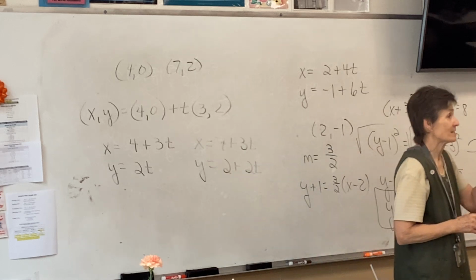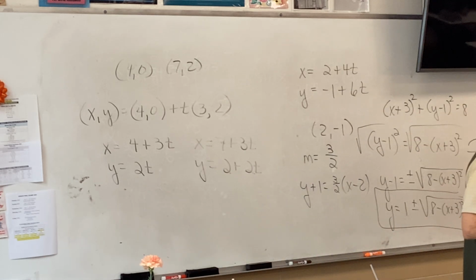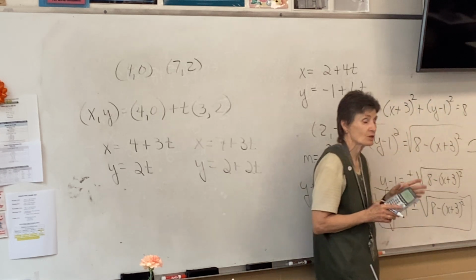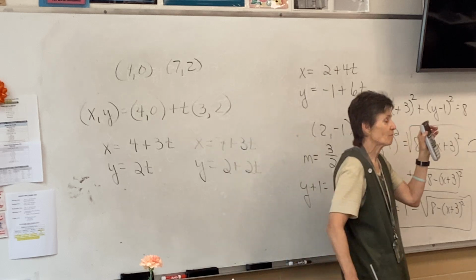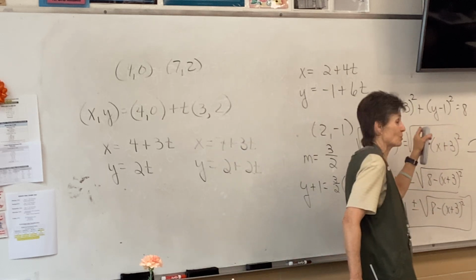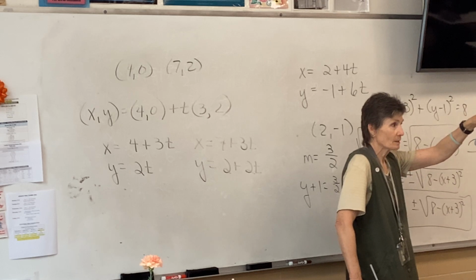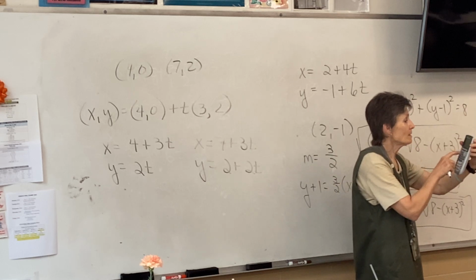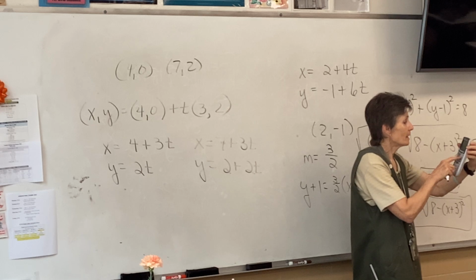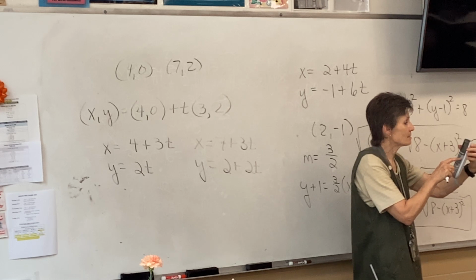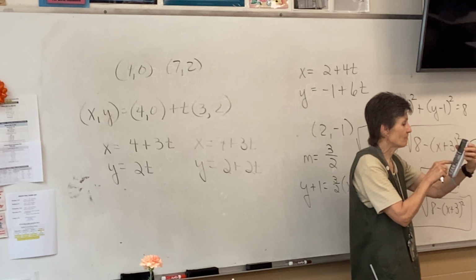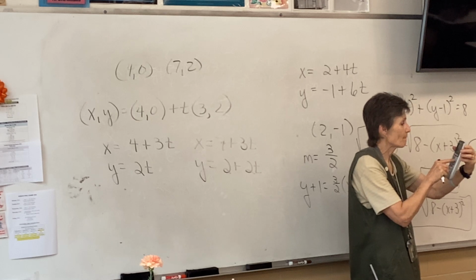Take something that's not a function and break it down into two separate equations that when you graph them together, they will be functions. I think we've talked about this before. You guys told me that's a circle, and you are 100% right. Does yours look like a circle? It's like an oval. Hit zoom square. Zoom 5. Zoom square.